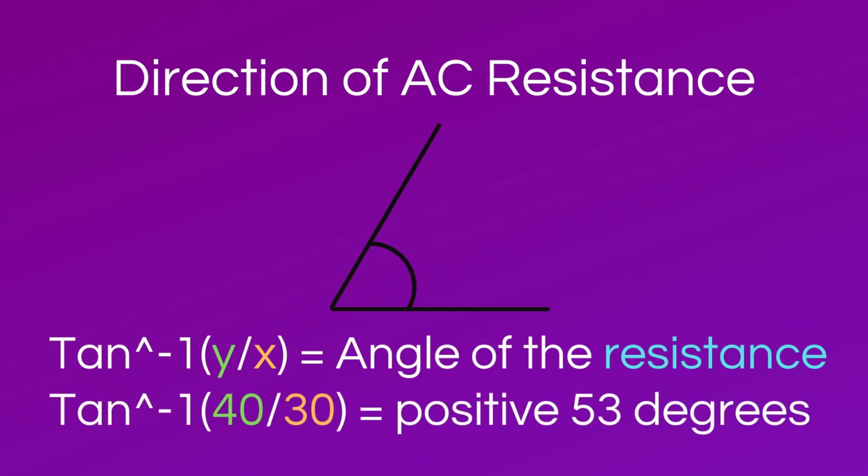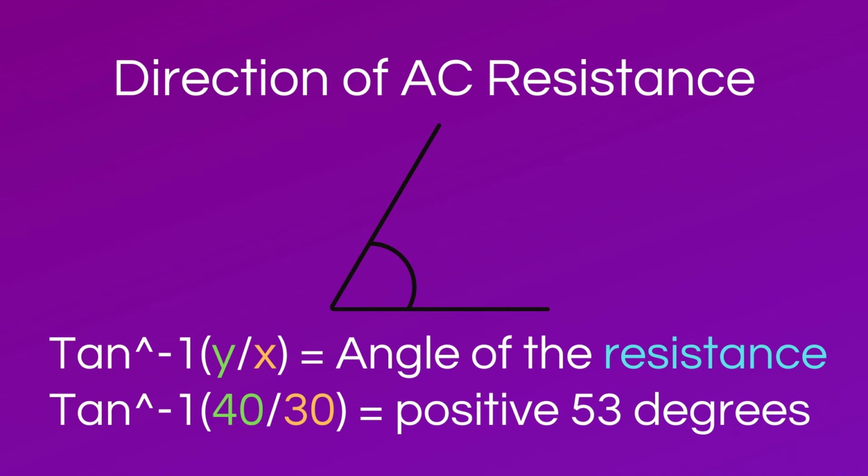In the example, the direction of the resistance is found by the inverse tangent of 40 divided by 30, which equals positive 53 degrees.